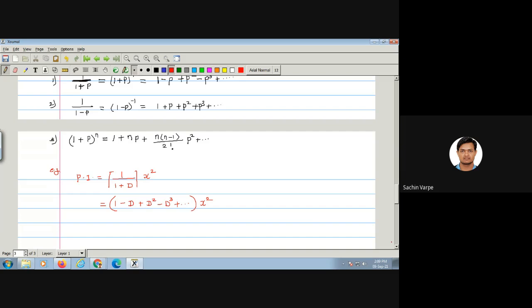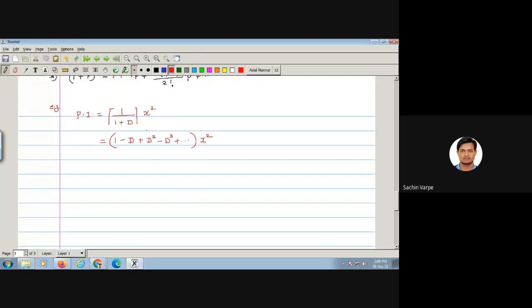Operator on x square. Is this step clear to everyone? Yes, sir. Now when I apply this to x square, each term gives: 1 into x square, minus D operated on x square.